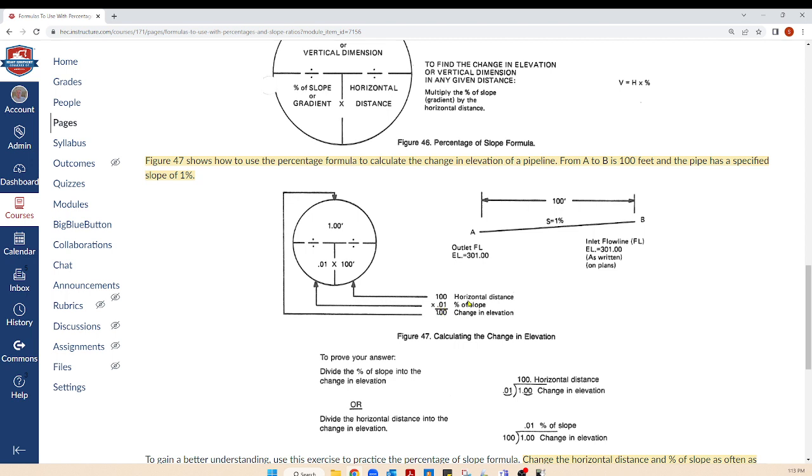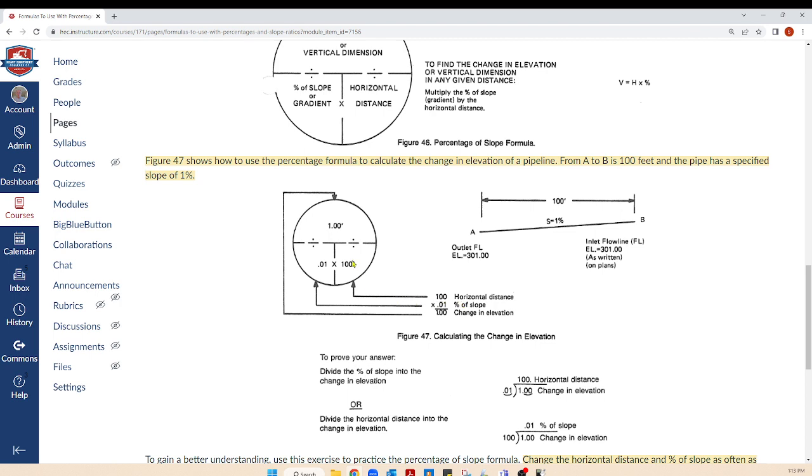You have to have this percent of slope, so it goes in this quadrant, 0.01. Now, can you find your vertical with having 1% and a horizontal?